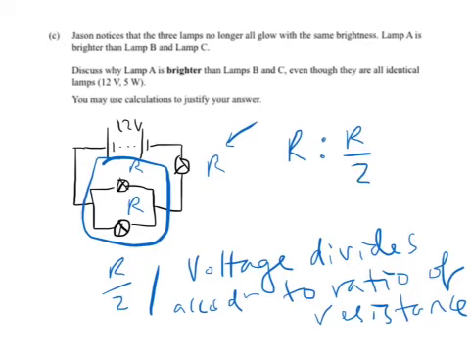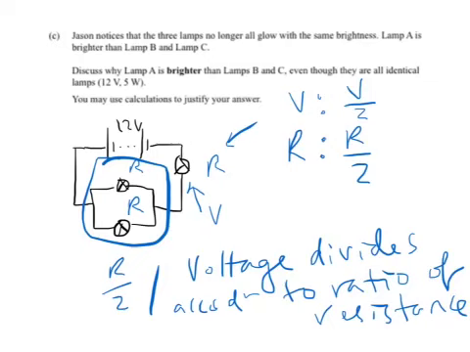So that means your voltage ratio will be whatever the voltage happens to be here. So if that's, let's just call it V, just because it's easier, the voltage here has to be the same ratio for the parallel section.